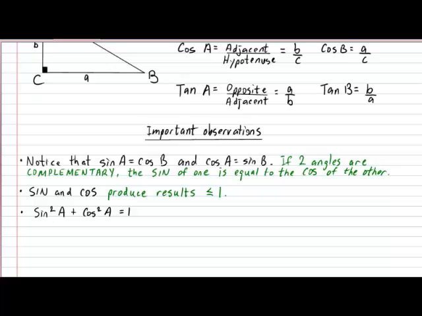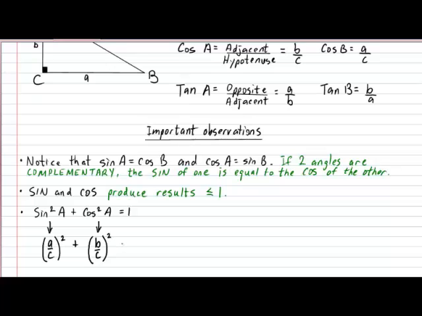Well, we know that based on the trig ratios, the sine of angle A is equal to A over C, and if we were to square it, it should be written like that. Plus, from our above trig ratios, we see that the cosine of angle A is equal to the ratio B versus C, and again, to square that, we use our brackets and put our exponent 2.